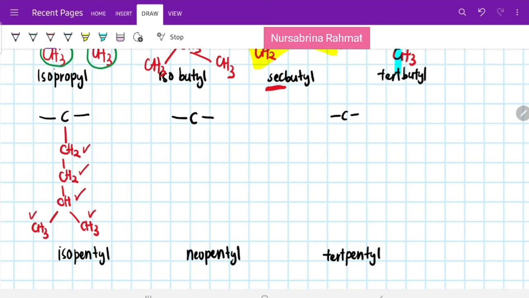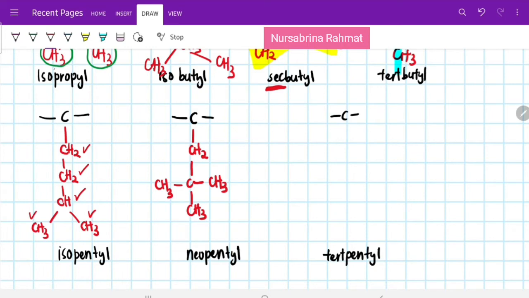Neopentyl is more like your tertiary butyl, but with the addition of an extra CH2. Here we have CH2, and then here C, and we have a tertiary carbon. So this is your neopentyl.